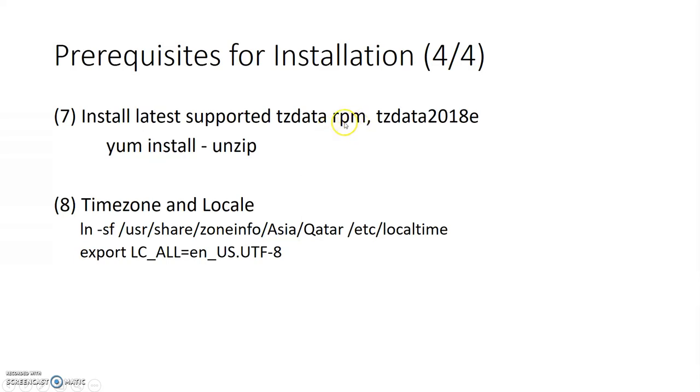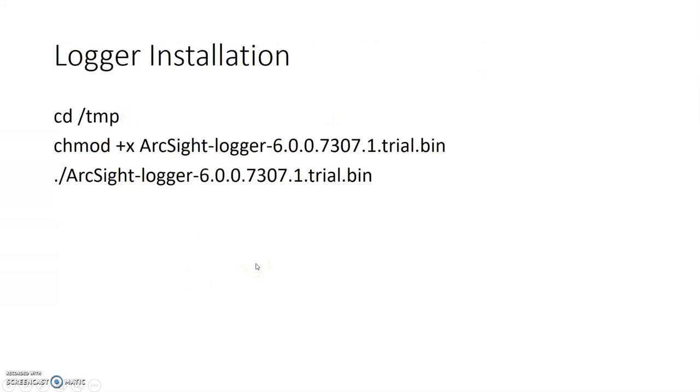We need this to be yum install -y tzdata and tzdata 2018. And lastly, we need to set the time zone and locale. I'm based here in Qatar, so I'm setting it to Asia/Qatar, and locale to UTF-8.